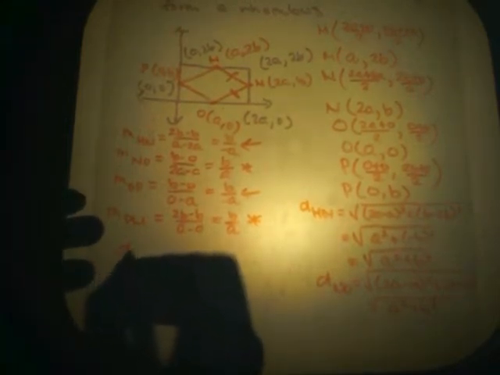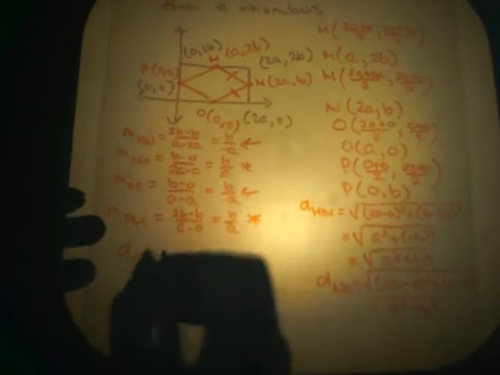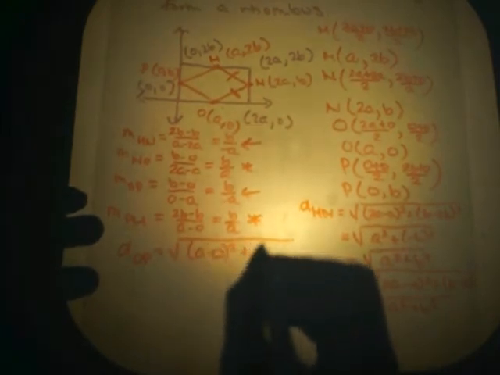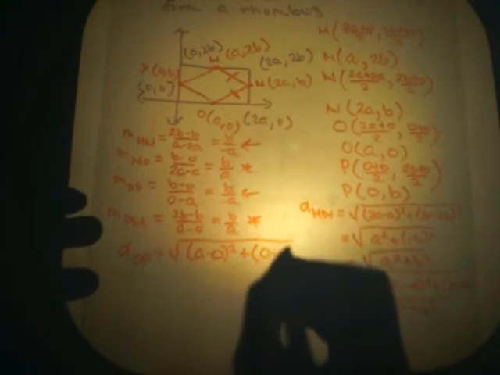So I'm going to move over here to do the distance of OP. Okay, and I'm going to do, again, a minus 0 squared, subtract your x's, then subtract your y's. Make sure they go in the same order. This will be a squared plus negative b squared, which is the same as a squared plus b squared. Okay, so we do have OP also congruent now.